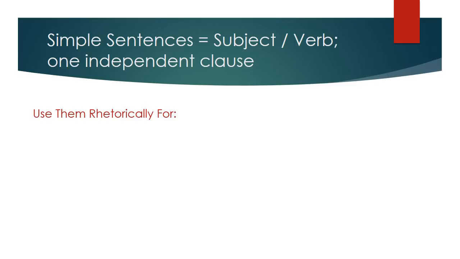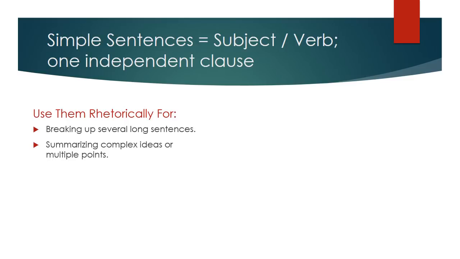The first of those reasons is to break up several long sentences. Sometimes we get in the habit of writing really long and complex ideas, and we just need to give the reader a break from that for just a second to kind of hit the reset button.